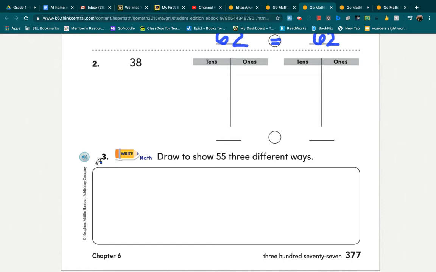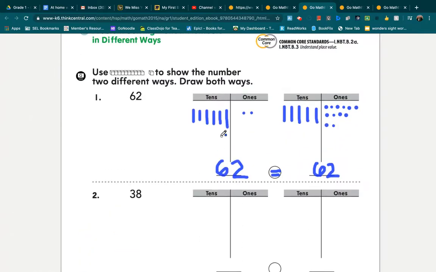Number 3 says, draw to show 55 3 different ways. So this one, they're asking for even more of a challenge, even more brain stretching. My advice to you is use these 2 methods that we did up here. So do the easiest way, then trade one group of 10 for 10 ones.